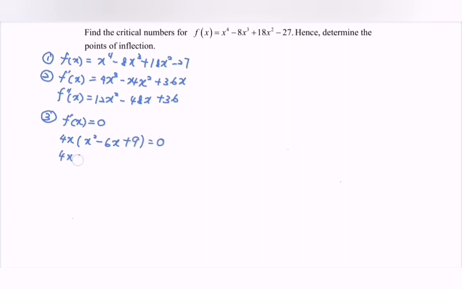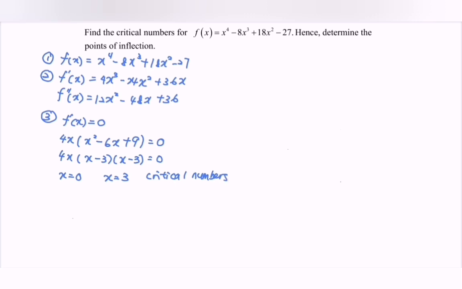So 4x multiplied with x minus 3, x minus 3. So x equals 0, x equals 3 will be the critical numbers.